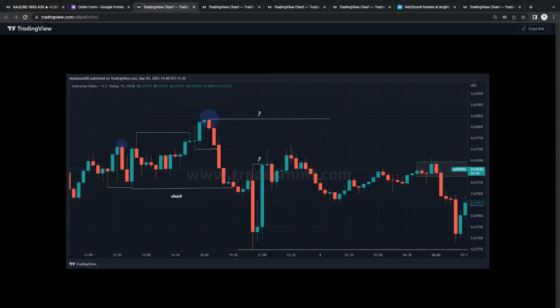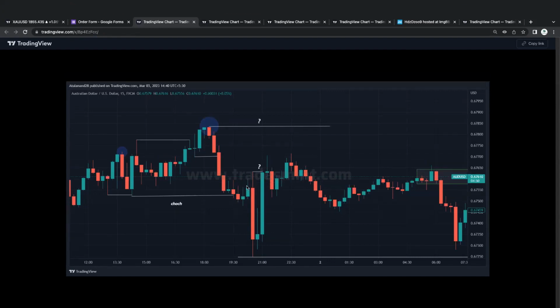But let me show you exactly here. This candle taken out the liquidity like this, push downside. Again go higher, taken out this one, and this act like an inducement. Okay, because the previous candle low broken. That's why.